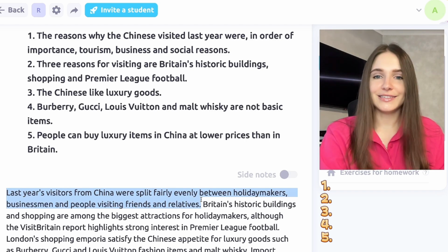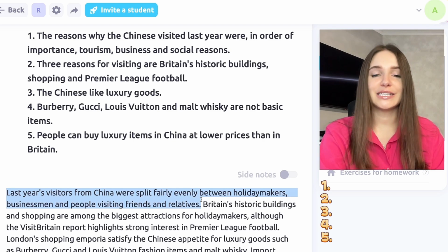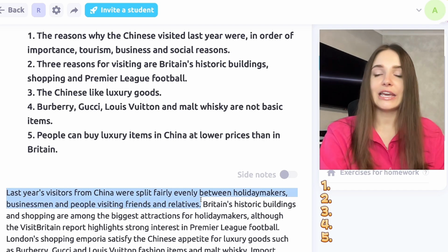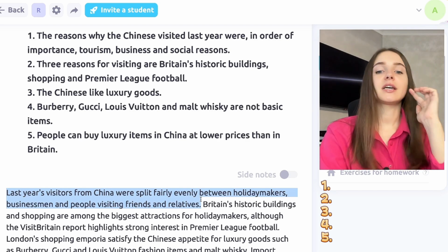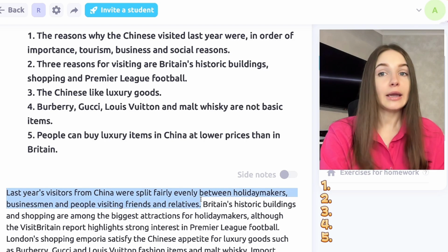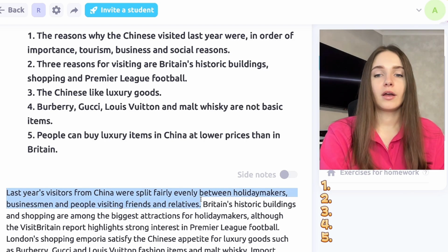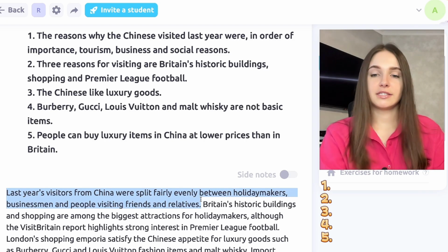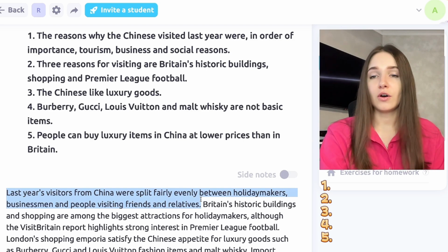And actually, yes, something has been changed. Here we see they're split fairly evenly, which means that all the 3 reasons are kind of equal. So we have the same number of holidaymakers, business people, and those visiting Great Britain for social reasons.